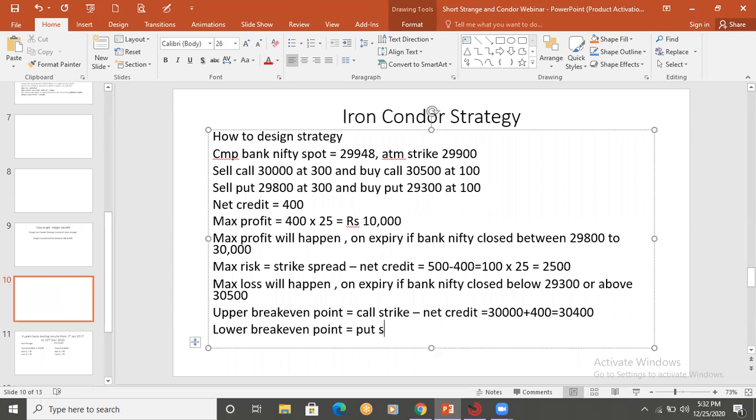Sorry for the earlier slip. And the lower break-even point will be put strike minus net credit. So 29,800 minus 400 points.